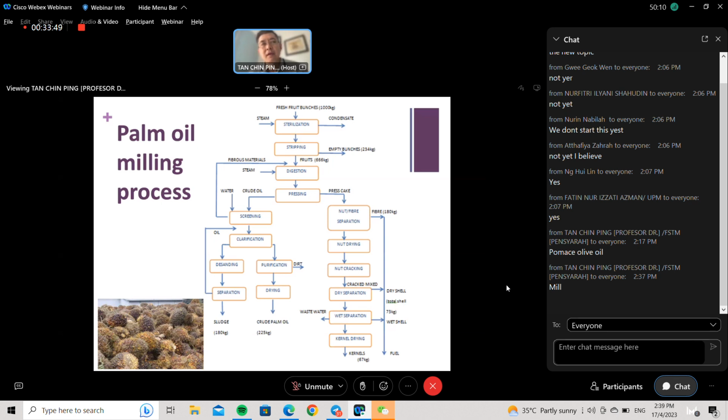So even a 0.1% increment in the oil extraction rate is usually very significant to the industry. Any mills that have a very efficient way of extraction, usually the bosses are all very happy.